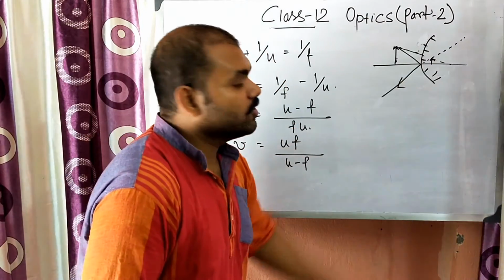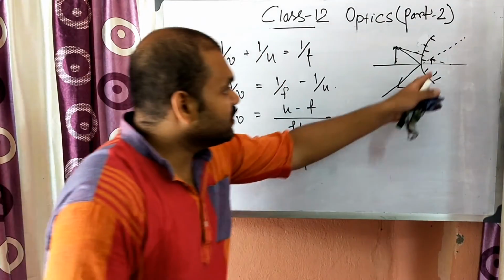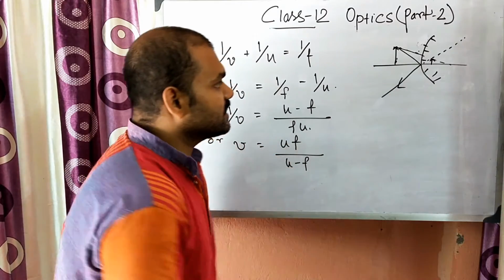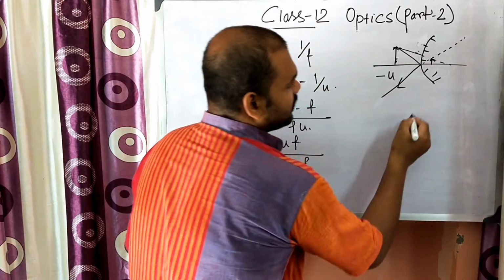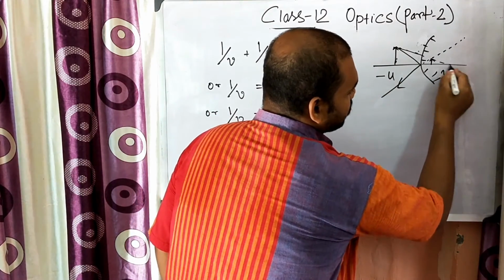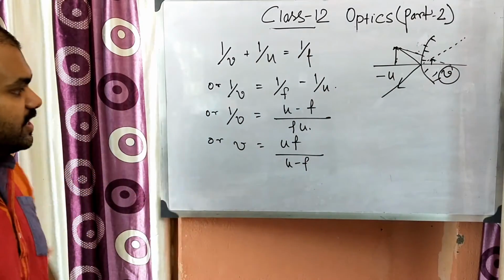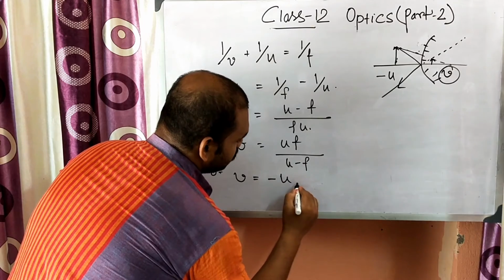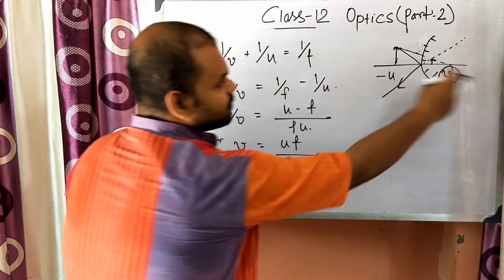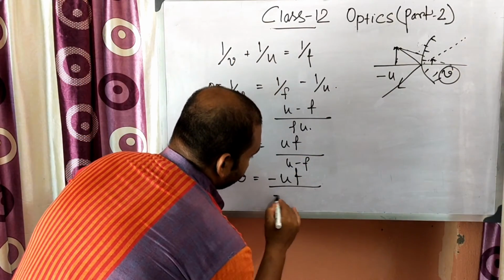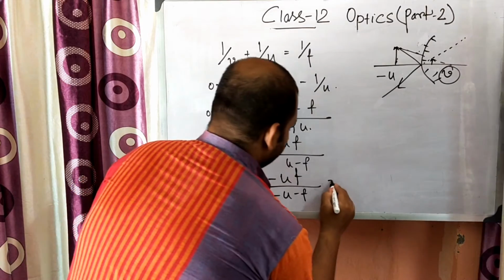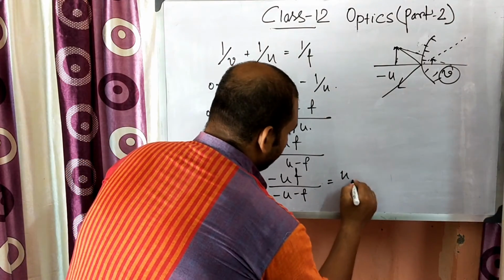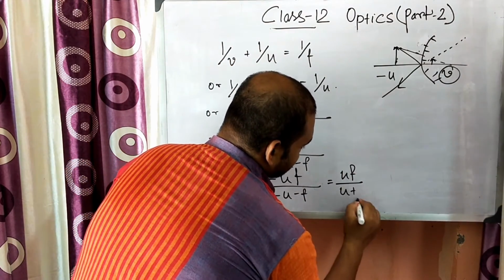So how will you say that it is diminished? Because in this case u is minus but v is positive. So put u minus, so v is equals to minus u f by minus u minus f, and you will get uf by u plus f.